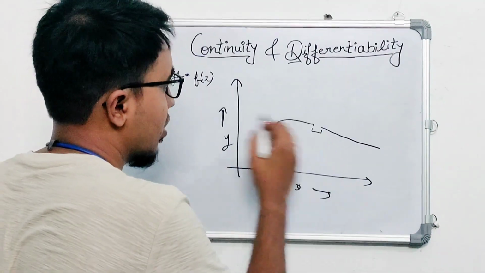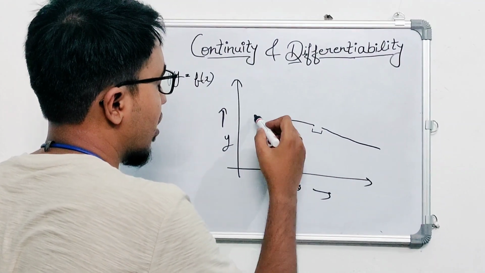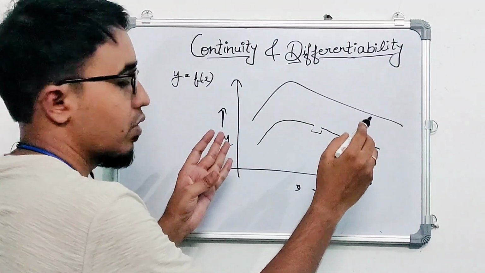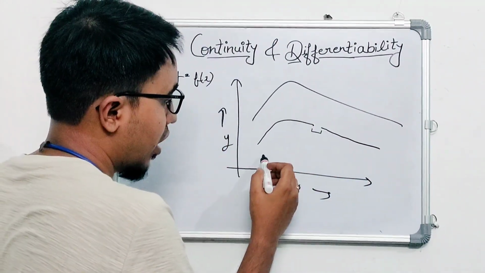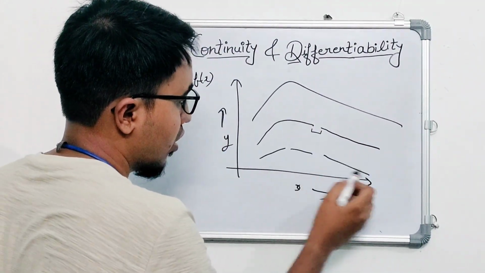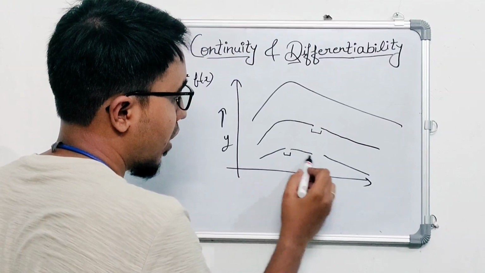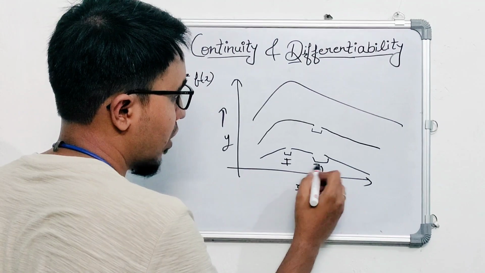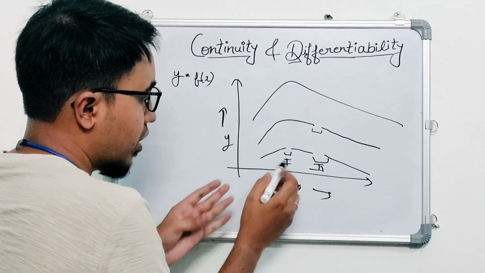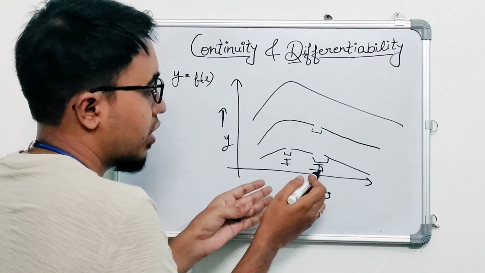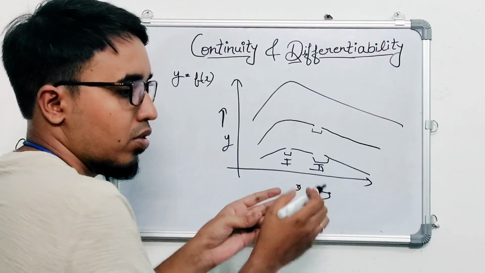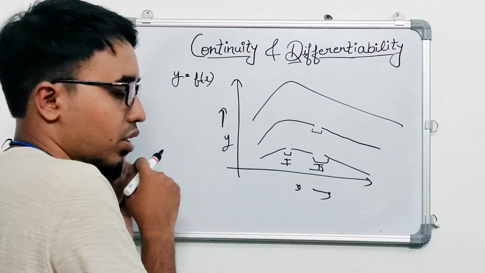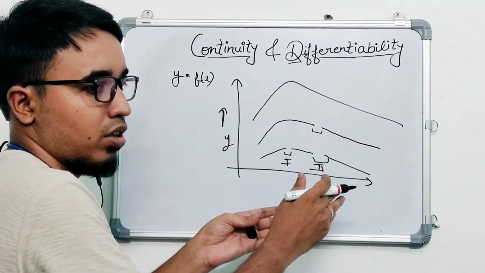If I can make a graph this way, it is not breaking anywhere. But if I make a graph in this way, it is breaking in this part. So if this is the first part and this is the second part, this function is not continuous in the first and second part. So simply, continuous means making a graph in a continuous manner.